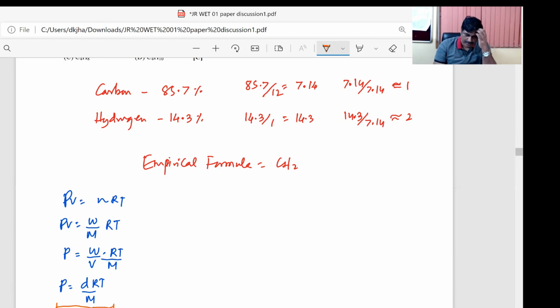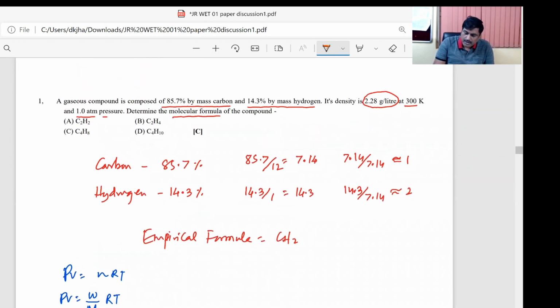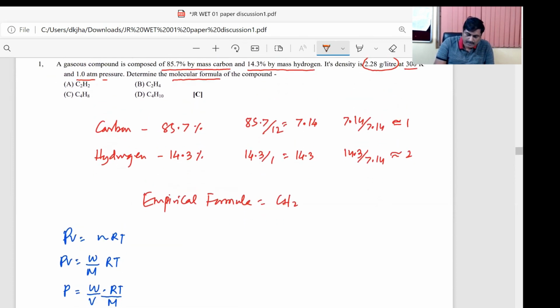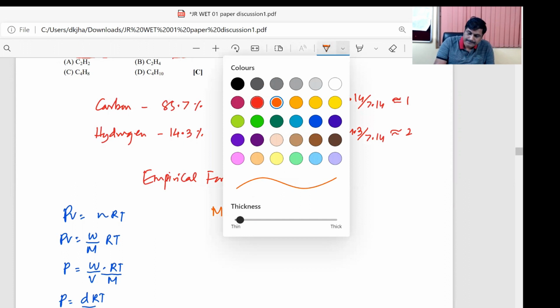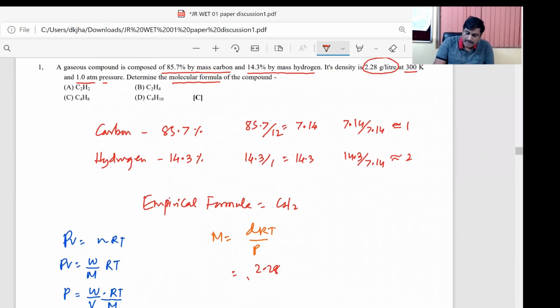Good. What values are given here? We will find the molecular mass, because density is given, 2.28. So M is equal to dRT by P. D is 2.28.